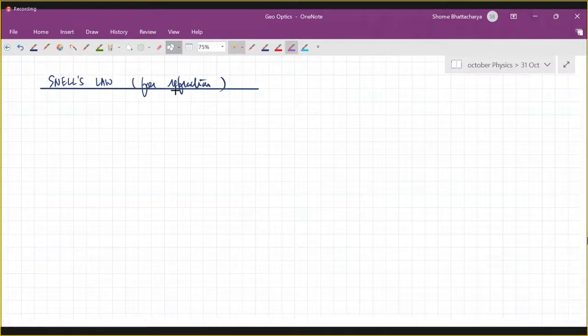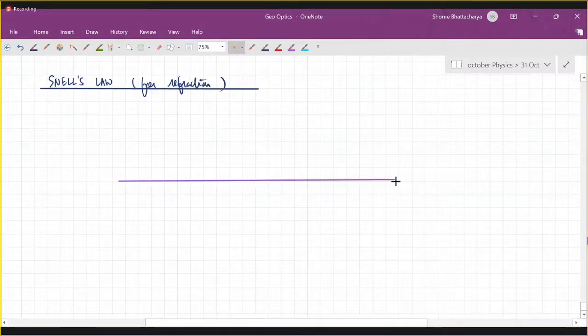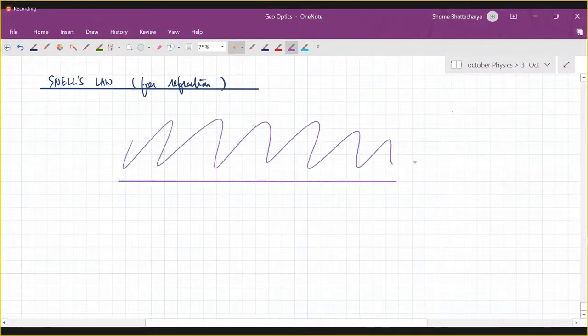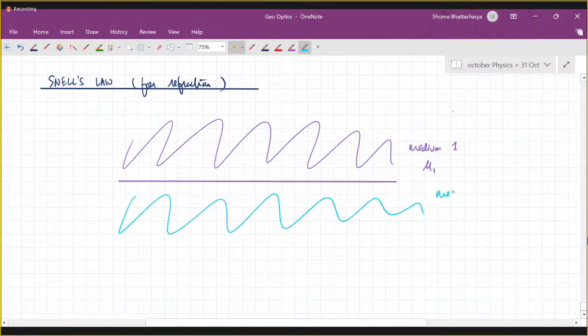So let's say this is the boundary line between two refractive media. This is medium 1, of refractive index mu_1. That means it's the absolute refractive index. And this is medium 2, which is of absolute refractive index mu_2. So if we have light incident from one medium to another, then once again, at the point of incidence, we draw a normal to the surface bounding the two media.